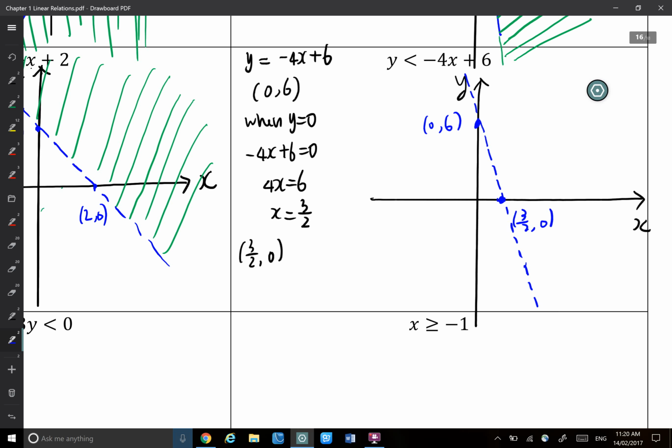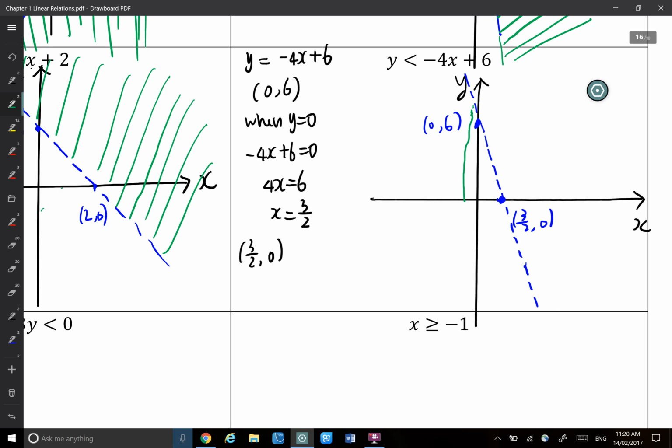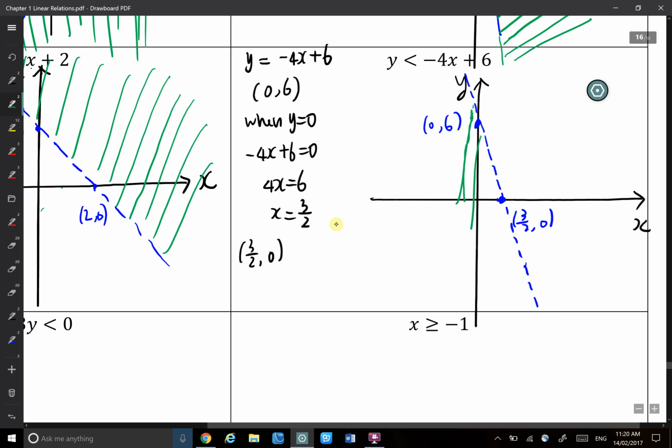So where do we need smaller? Let's go for this point. I'm going up, but I haven't reached the line yet, so where I draw the color here must be smaller. If that's smaller, all the rest will be smaller for this graph.